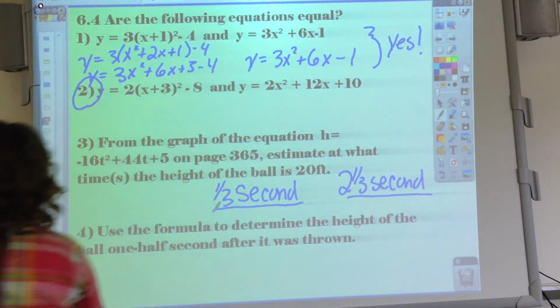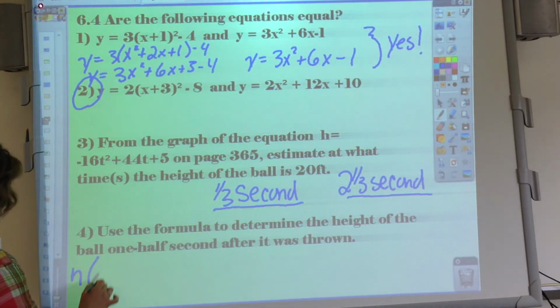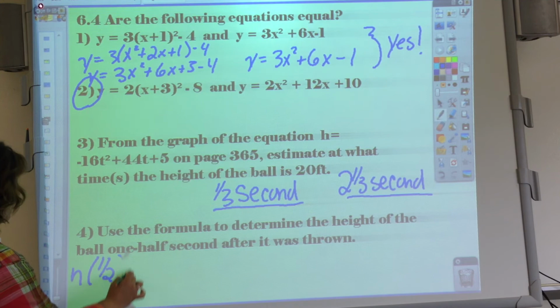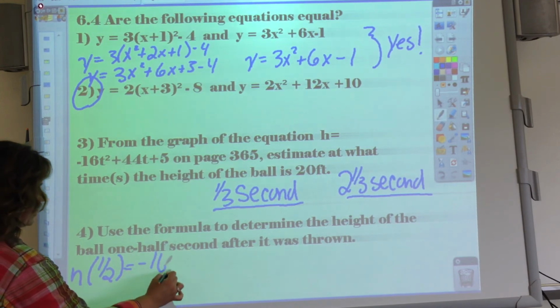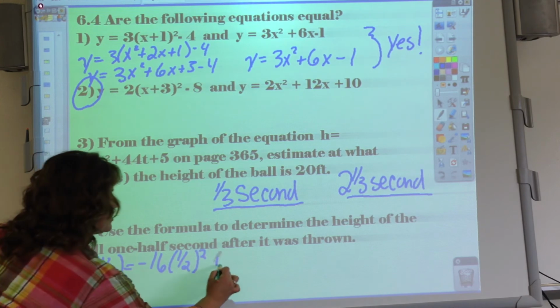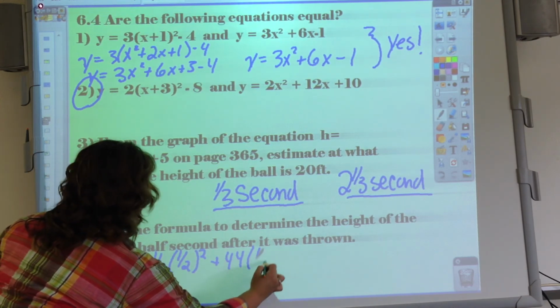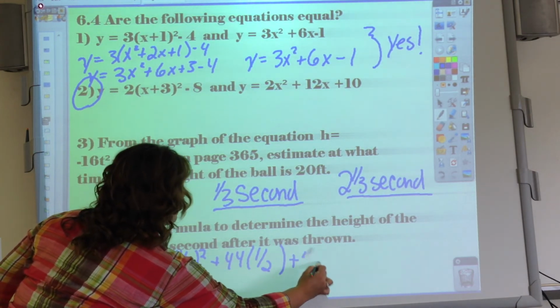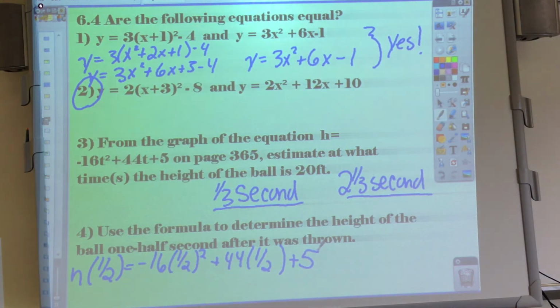So, basically, I have height when time is 1/2 should equal negative 16 times 1/2 squared plus 44 times 1/2 plus 5. Let's go ahead and simplify.